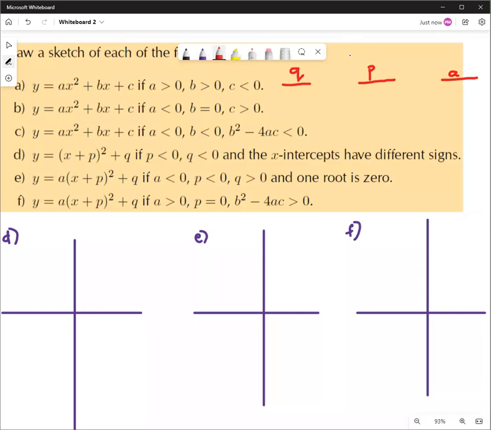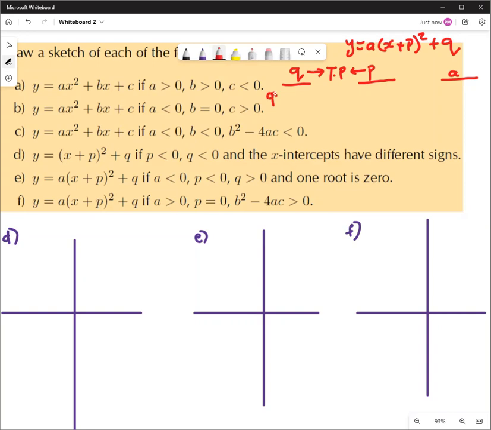Remember the turning point form is y equals a(x minus p) squared plus q, right? Sharp. So let's talk about q, ne? q and p tell us about the turning point, ne? So they tell us about the TP, ne?